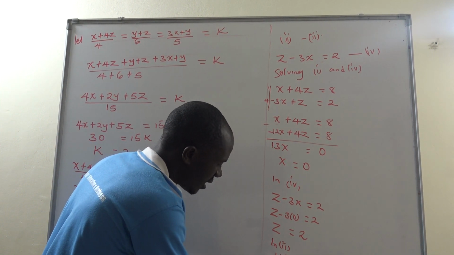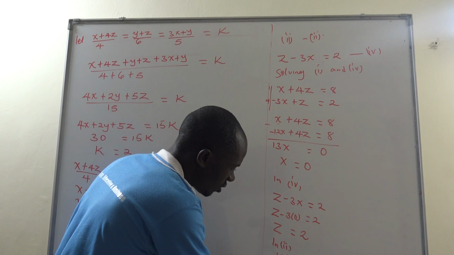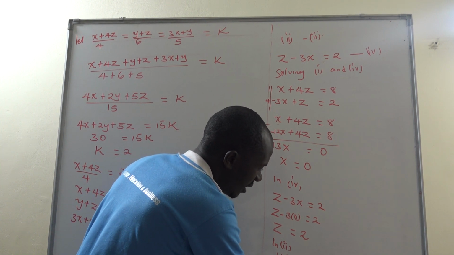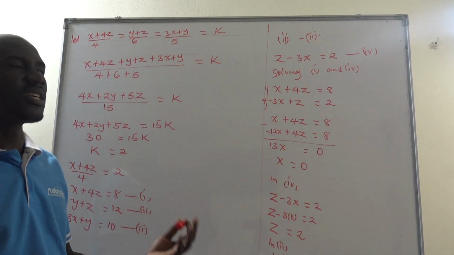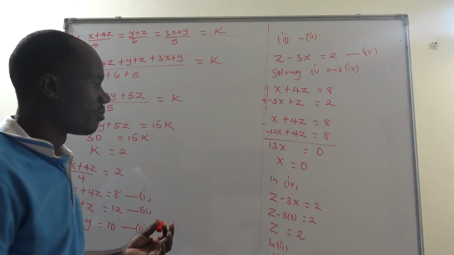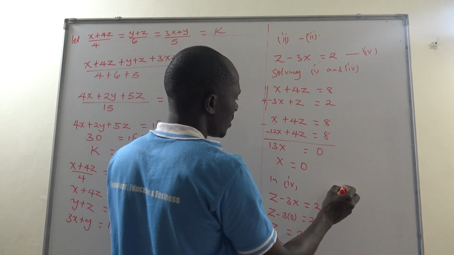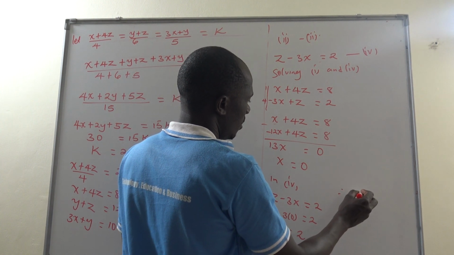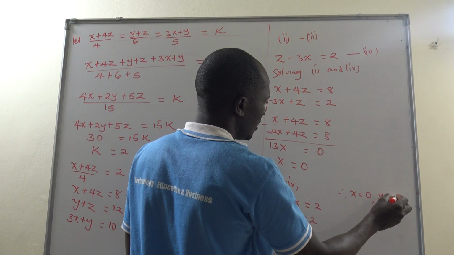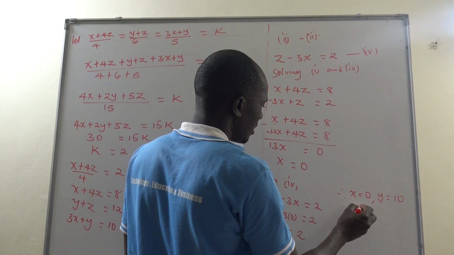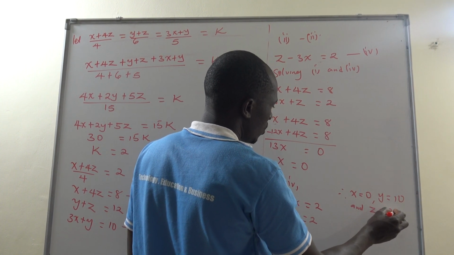So I've got y plus 2 equals 12, comma, y equals 10. Conclude. Never leave your answers hanging. Remember, people are rushing to mark. So be orderly. Conclude, you say therefore x equals 0, comma, y equals 10, and z equals 2.